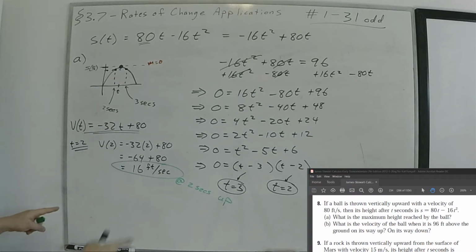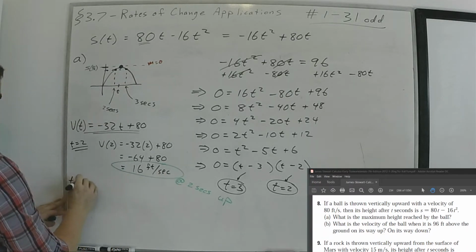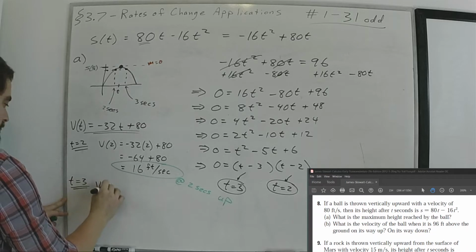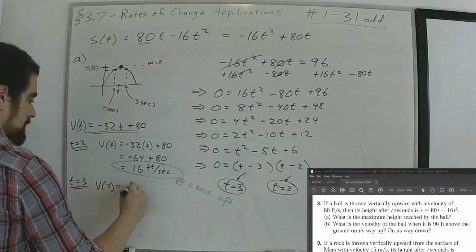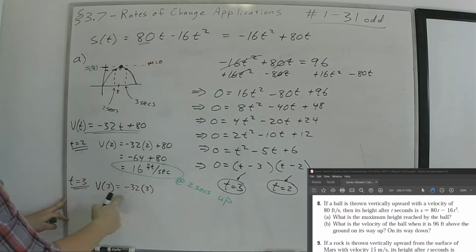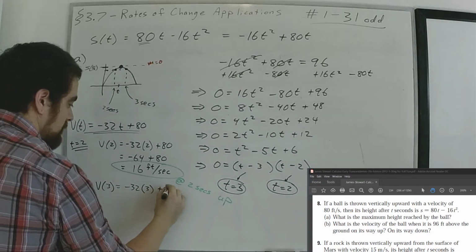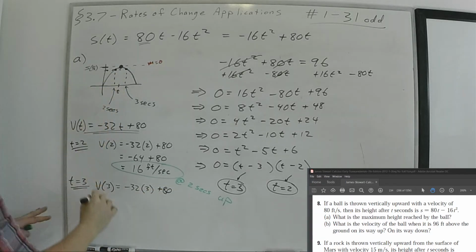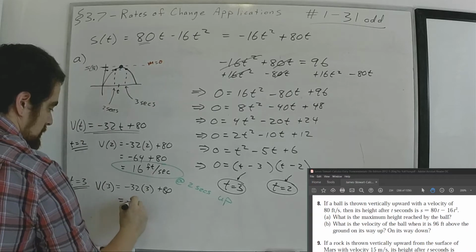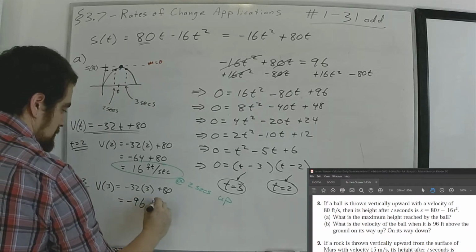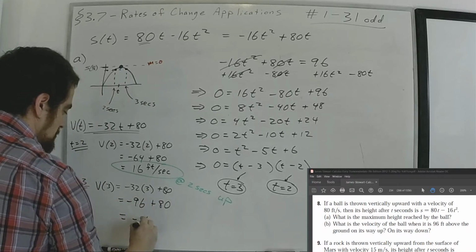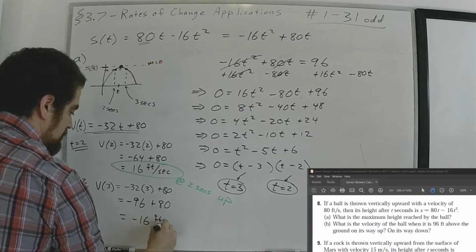And then if I want to find on the way down, v of 3 will be negative 32 times 3. So I'm just plugging 3 into my derivative to get the proper rate of change at t equals 3. So this will be negative 96 plus 80. This will be negative 16 feet per second. Makes sense.